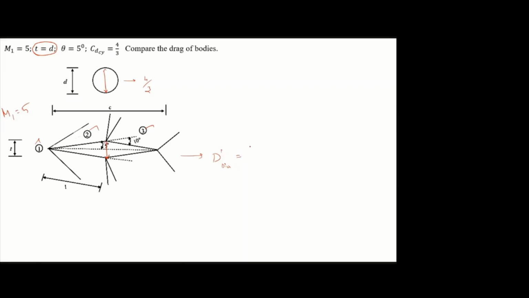What is the formula? P2 minus P3 into T. Instead of T, they are telling D. Thickness is D, so I am taking D. Good.